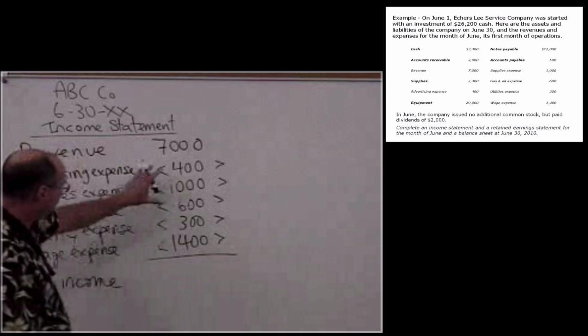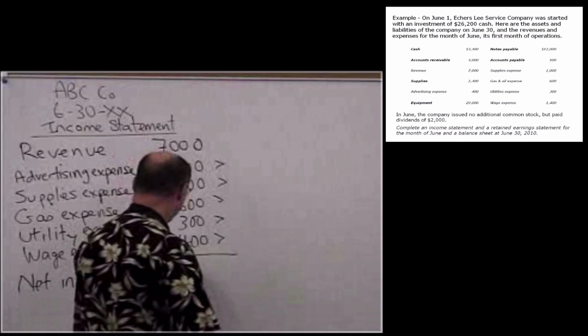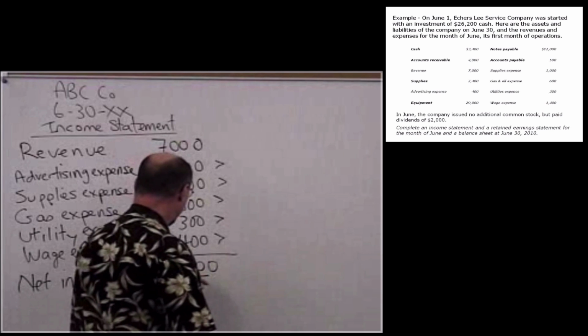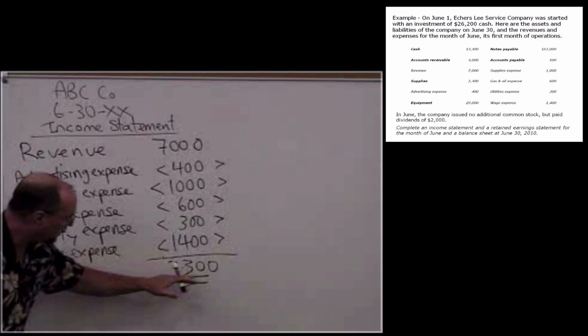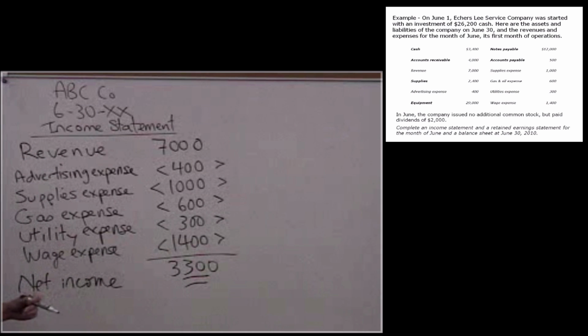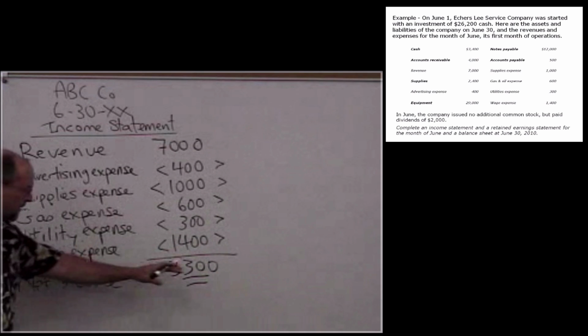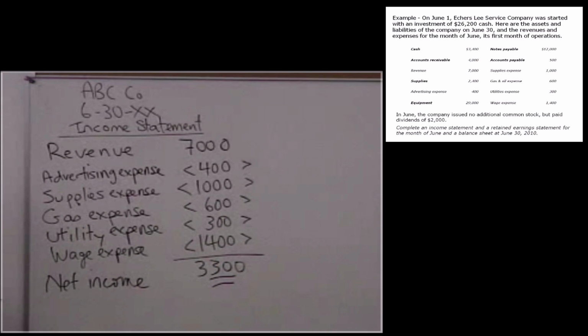See, 2,037. Is that 3,300? That's my net income. And notice I put two lines underneath it. That's called double underscoring. It simply means this is the last number on a particular financial statement or a column. We double underscore. Okay, so revenues minus expenses equals net income.